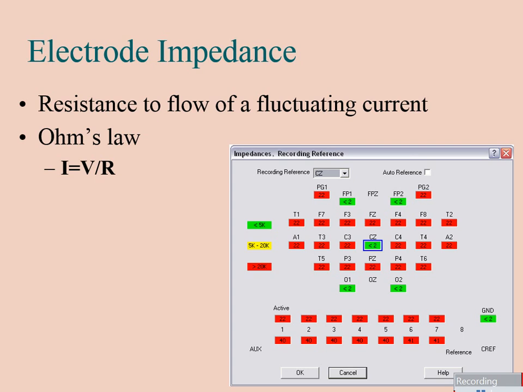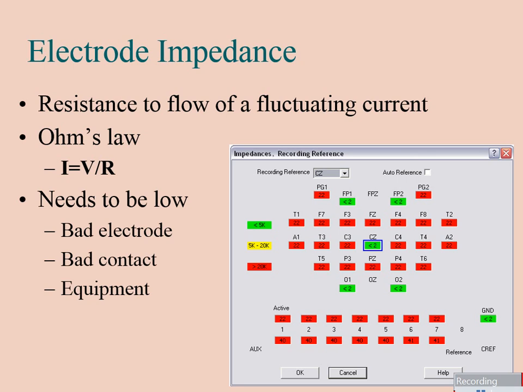Basically, the machine puts a voltage across two electrodes and then measures how much current is actually flowing, and that gives us the impedance. And we want a very low impedance. We don't want a lot of resistance to the flow of current because we want to be able to record it. If there's too much resistance, then we can't get a good read of the recording.